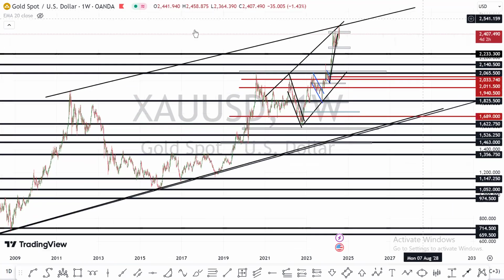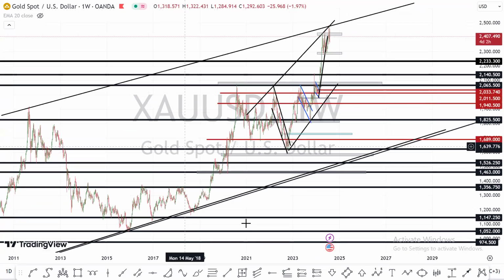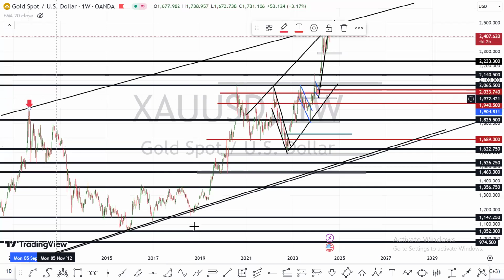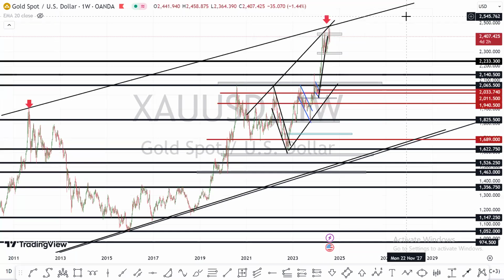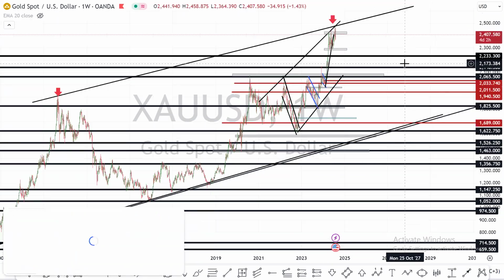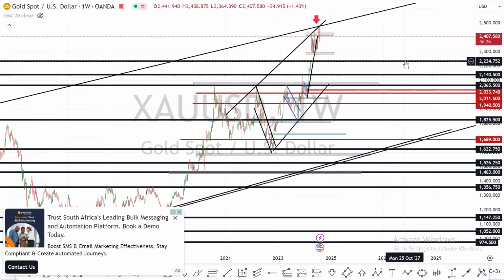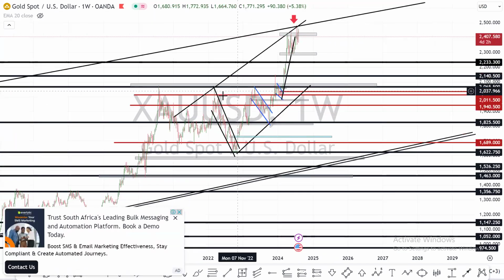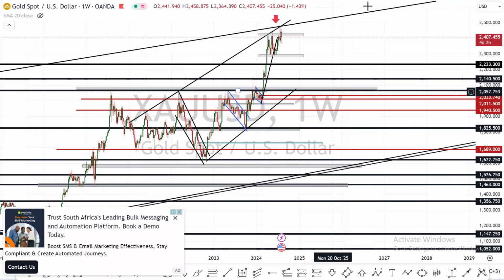So that's weekly, as you can see. First touch, second touch. And you must take note of the touches.